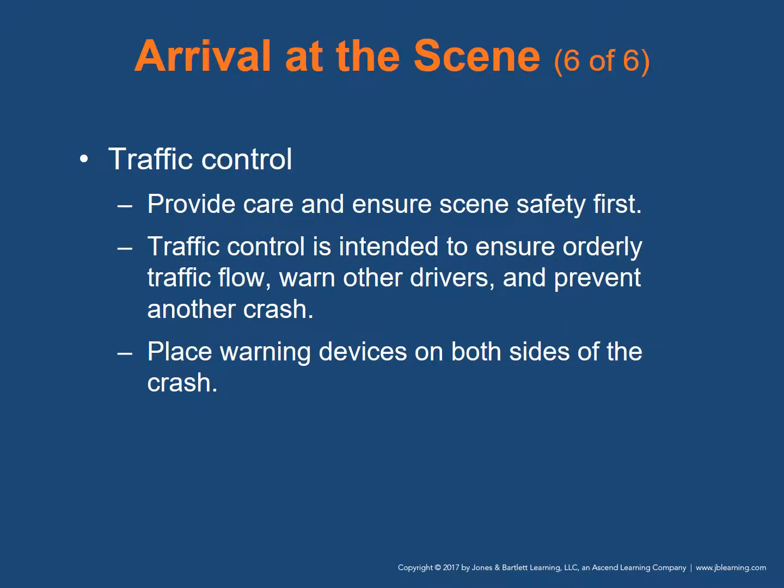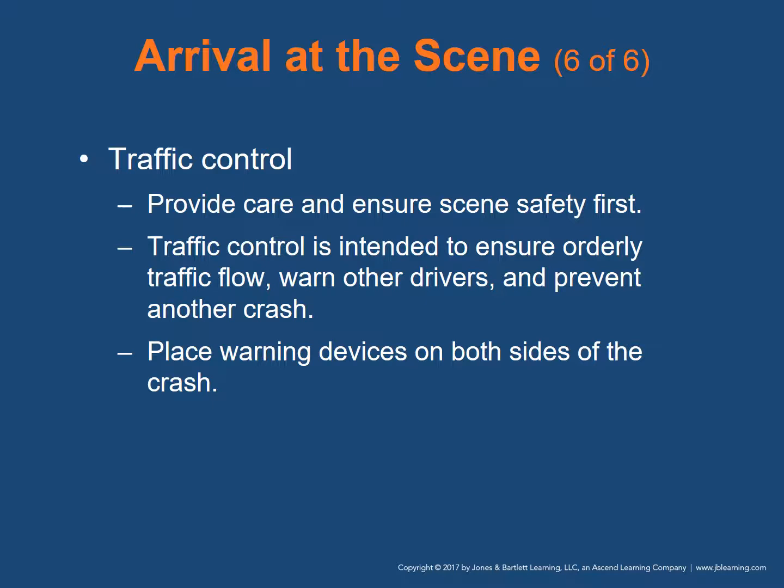Traffic control, provide care and ensure scene safety first. Traffic control is intended to ensure orderly traffic flow, warn other drivers, and prevent another crash, which is a very big possibility when you're dealing with a crash, especially if you're on a highway or in an intersection.